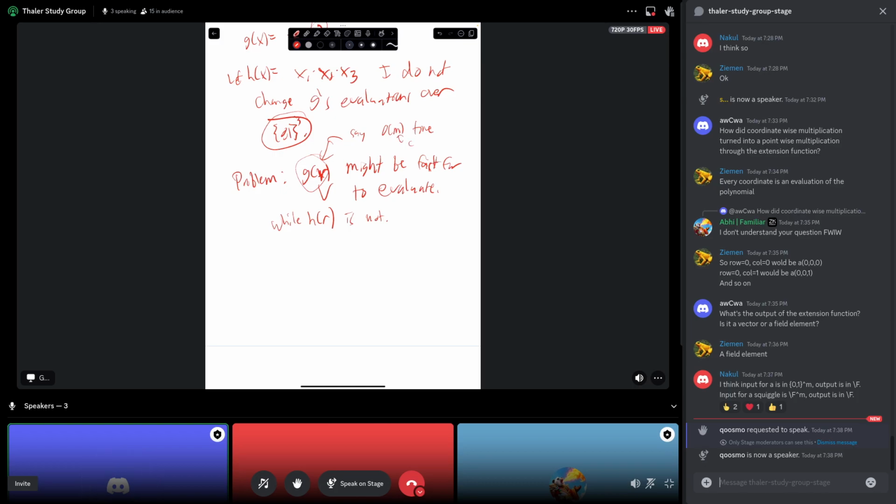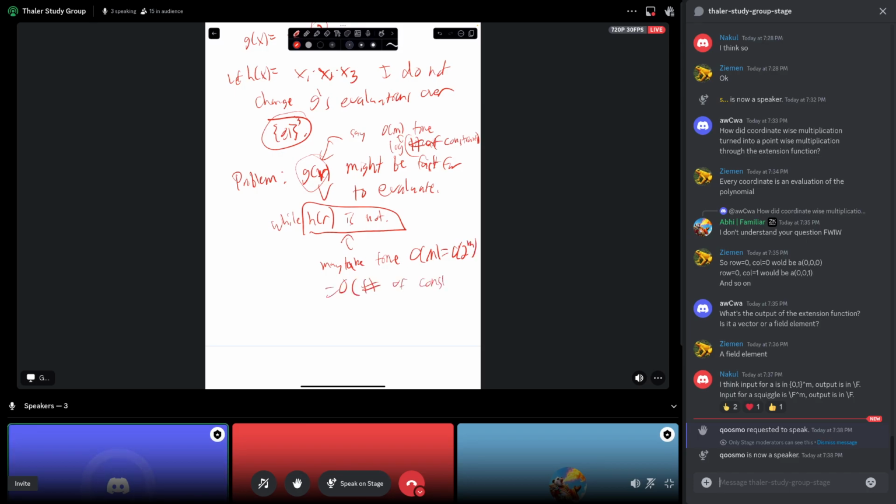Remember, think of M as something like circuit size or number of constraints. Let me call it number of constraints. Log number of constraints, little m, while H of R may take time order capital M, which is 2 to the little m, which is like number of constraints.